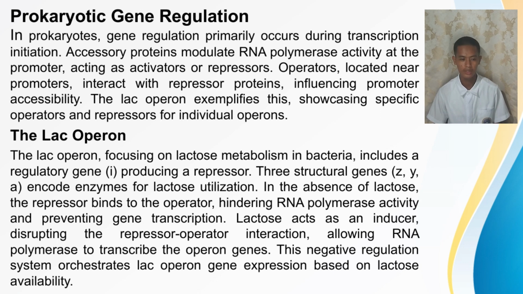In the absence of lactose, the repressor binds to the operator, hindering RNA polymerase activity and preventing gene transcription. Lactose acts as an inducer, disrupting the repressor-operator interaction, allowing RNA polymerase to transcribe the operon genes. This negative regulation system orchestrates lac operon gene expression based on lactose availability.